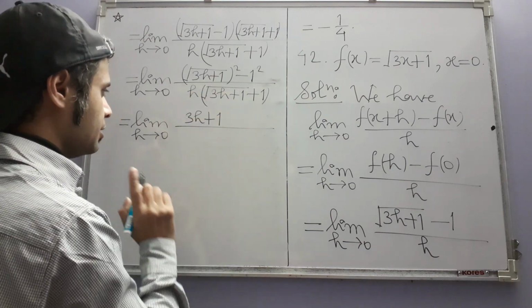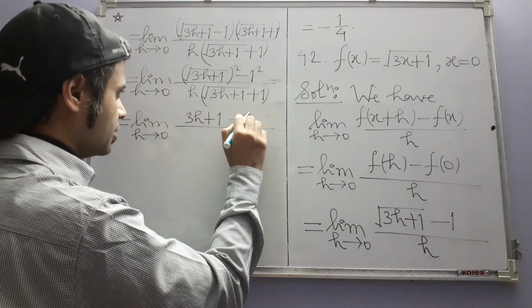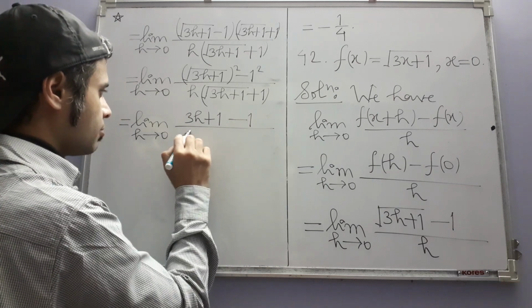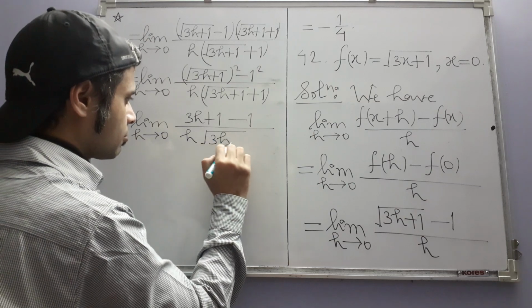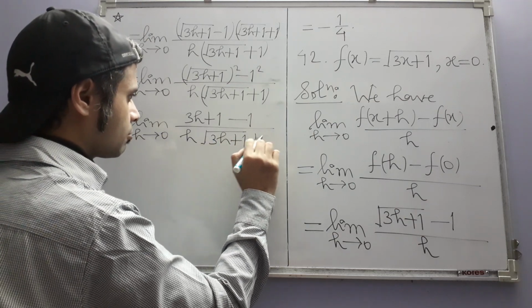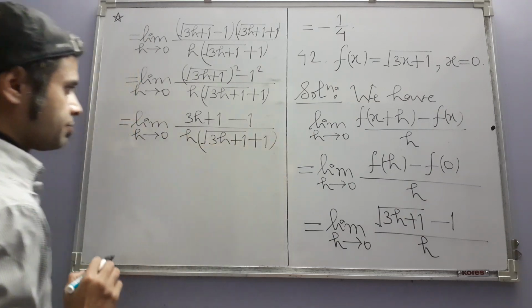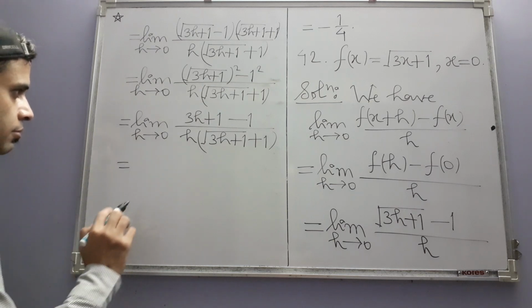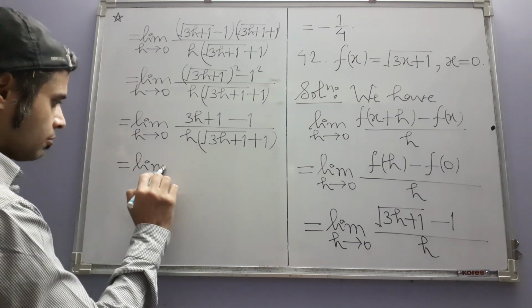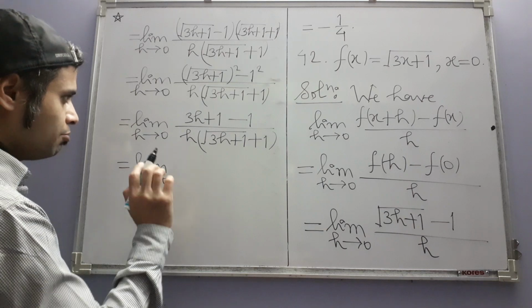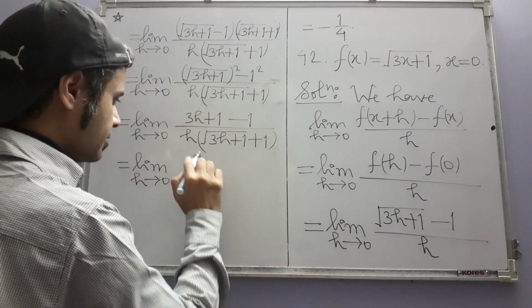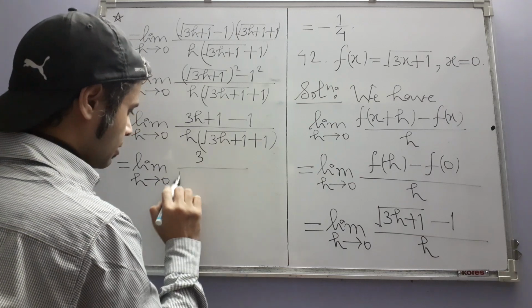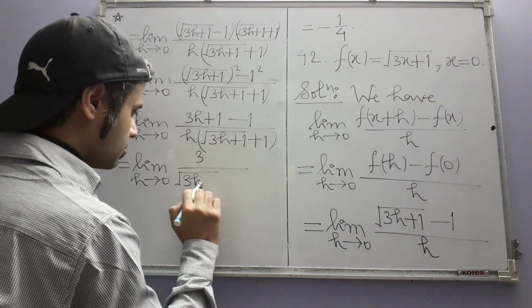There also we did this, and here also we are doing it. So if I skip one step and cancel 1 and -1, h and h, then I am left with this.